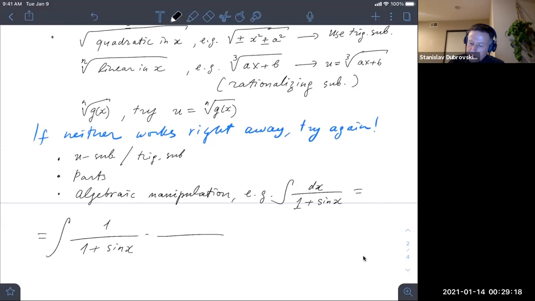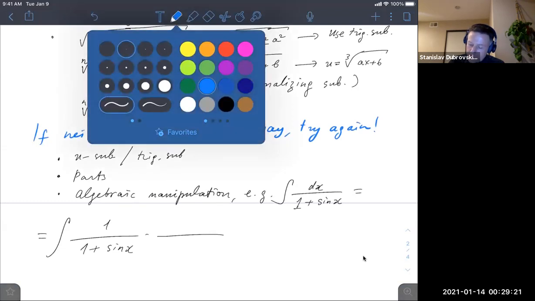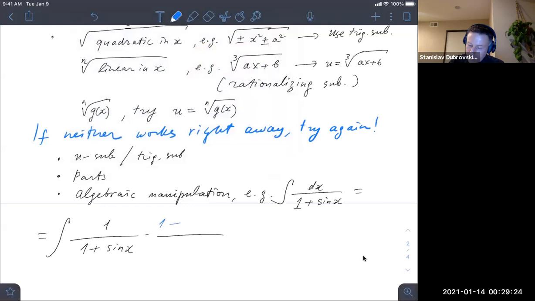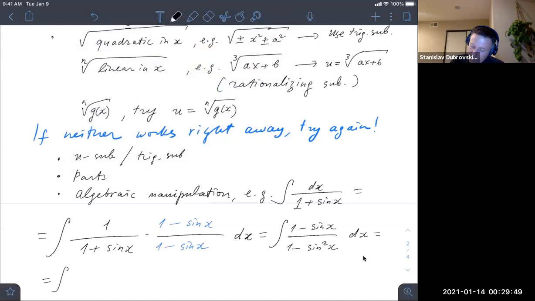Similar expression where you have a negative sign, 1 minus sine x. So on the top you will get 1 minus sine x, on the bottom you will get 1 minus sine squared x. So does it help you? Well, if you simplify the bottom using the fundamental identity of trig, you'll get cosine squared x, with 1 minus sine x on the top.